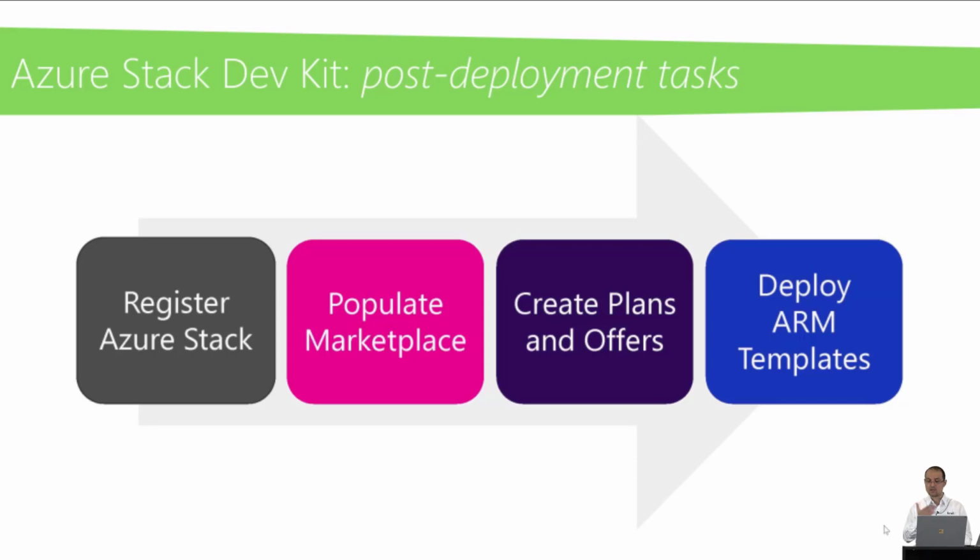Because we have consistency between Azure and Azure Stack, you will be able to bring default images from Azure Marketplace to Azure Stack. And because we have the same cloud experience, you can also create offers and plans. And finally, all the ARM templates are consistent in Azure Stack Development Kit, in Azure, and in Azure Stack Integrated Systems. So it will be easy for you to create your own prototype tools and test your applications.